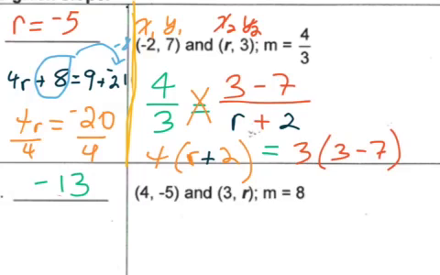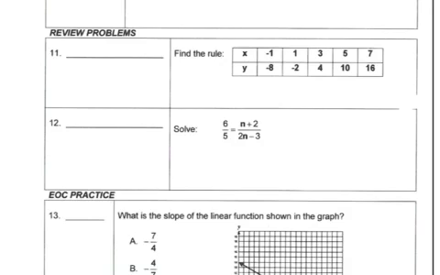I'm not going to work through all of that. Okay, number 11, again, I haven't taught you exactly how to do that. You could have at least found the slope. If you wanted to pick a couple of these points, you could have figured out that the slope part of the equation is 3 over 1. But the whole equation would have been y equal, or f of x equal, 3x minus 5.